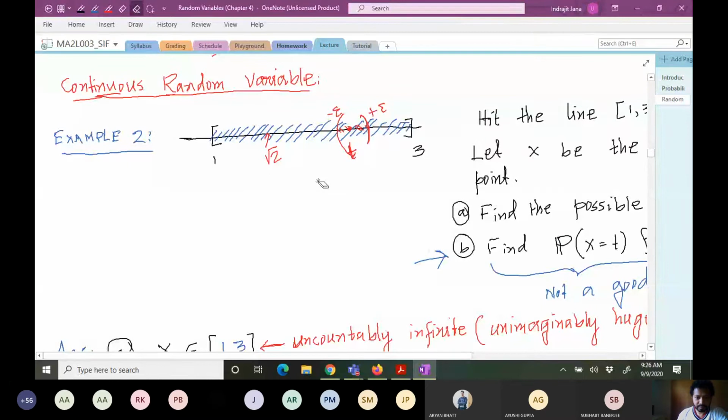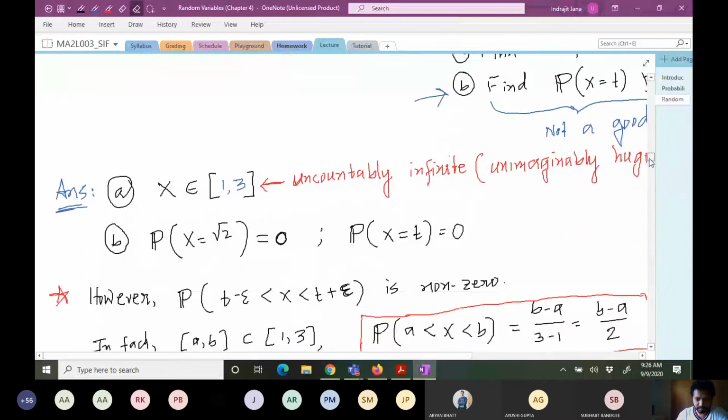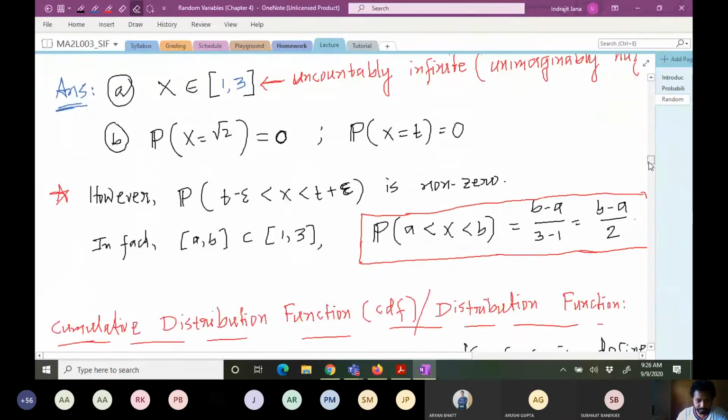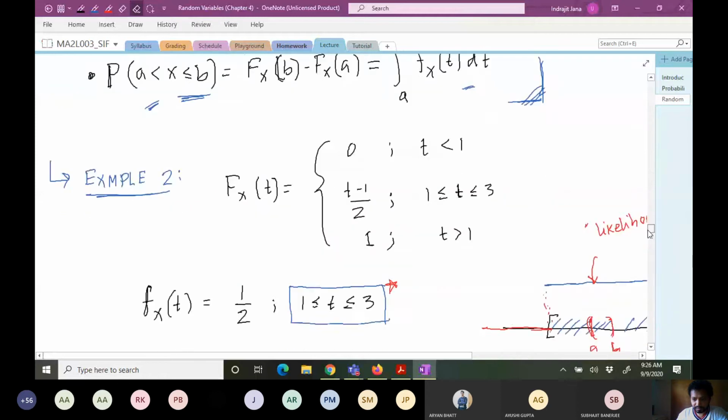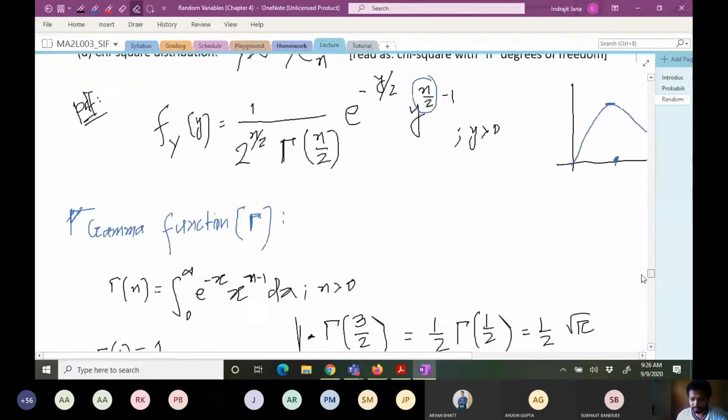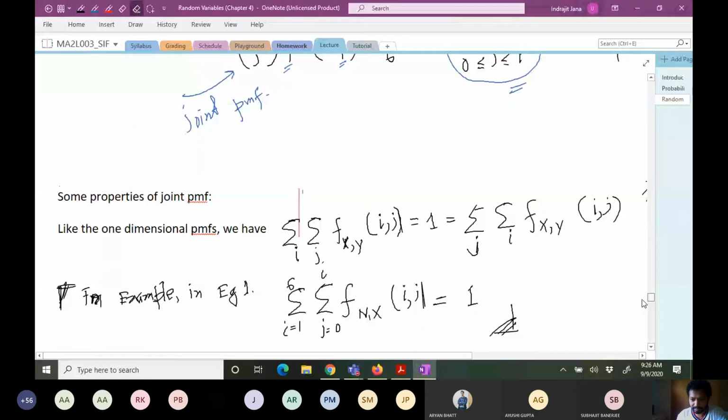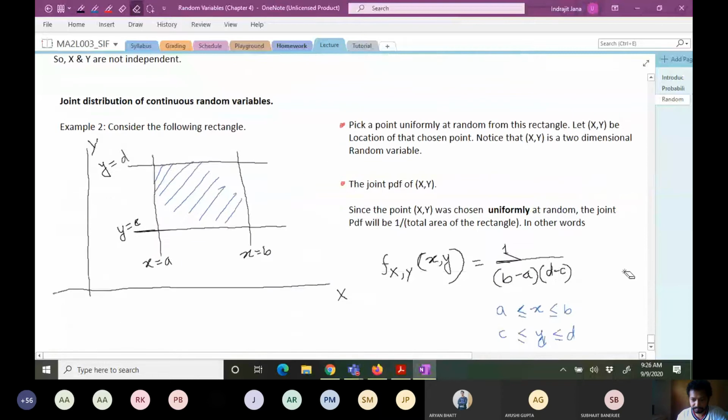You choose a point uniformly at random from this interval, and the probability density function was 1 over the total length of the interval, which is 1 over 2. So that was the one-dimensional case. That's why you get 1 over the total length. But in multiple dimensions, you get 1 over the total area or 1 over the total volume, if it is chosen uniformly at random.